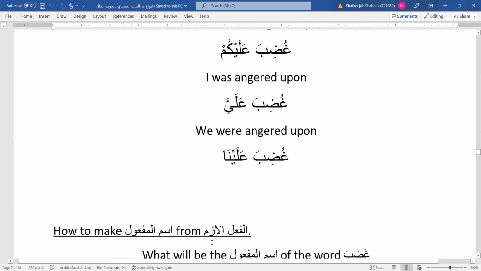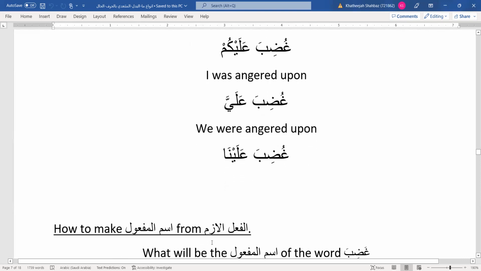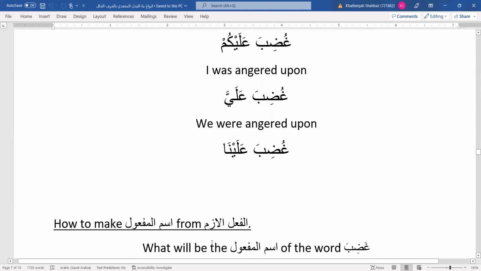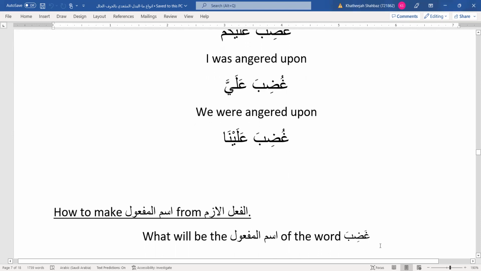I'm going to use the same word, ghadiba. Ghadiba means he was angry. So what will be the ismul maf'ul of the word ghadiba? That is the question.